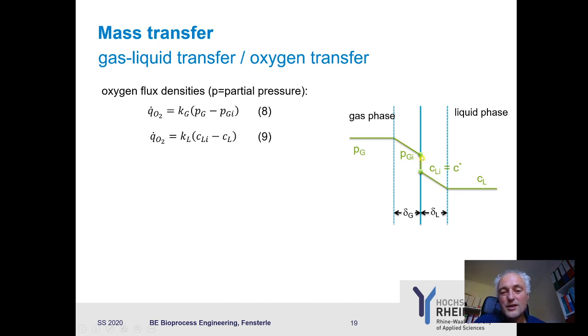So we will have a concentration gradient, and then we will have a rate constant. The same is true, of course, in our liquid phase. I will have a certain concentration directly at the interface here. We will talk in a second about what the concentration is. And we will have a concentration in the liquid phase, and this is our driving force, and again, of course, the constant for the liquid phase.